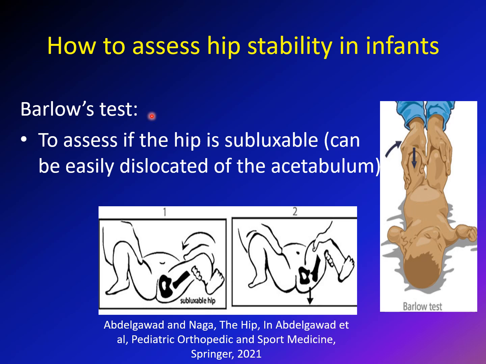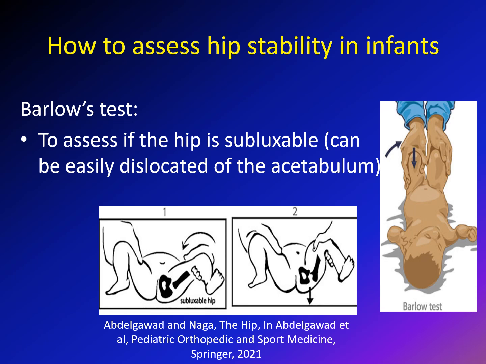As we're going to see when we go to the recommendation, the value of the Barlow test is not as important as the Ortolani test. And in the most recent recommendation from the American Academy of Pediatrics, it actually changed the value of a positive Barlow test. We're going to see all this when we come to the recommendation.